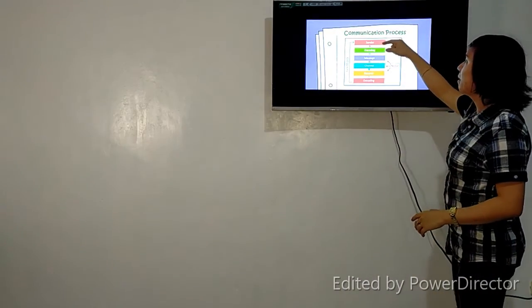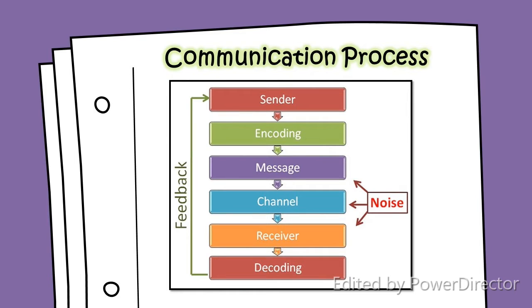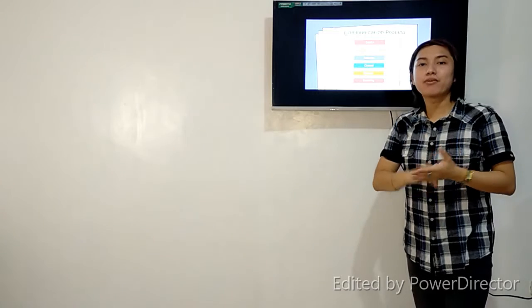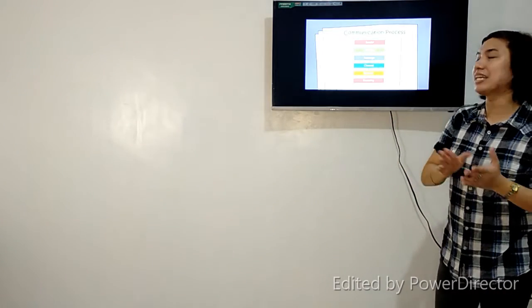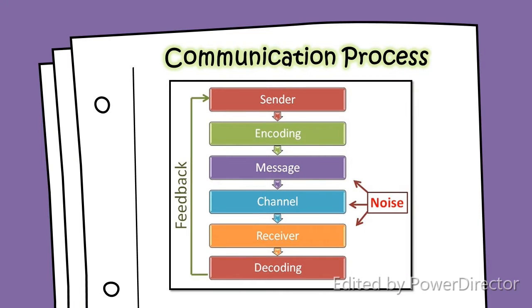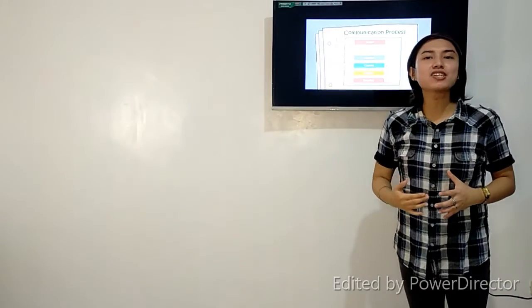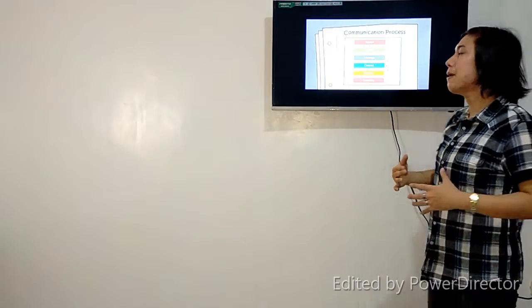Once the message or the thought is encoded, the message will go through a certain channel. The channel can be in the form of television, radio, newspaper, mobile phones, etc. Now, once the message has been channeled or delivered, the receiver will then receive the message which came from the sender, and the receiver will interpret or understand or comprehend the message received.